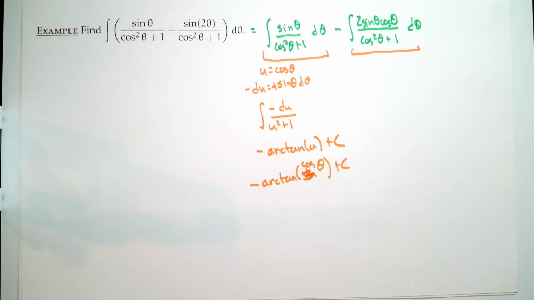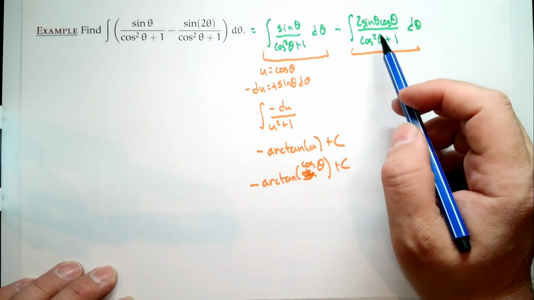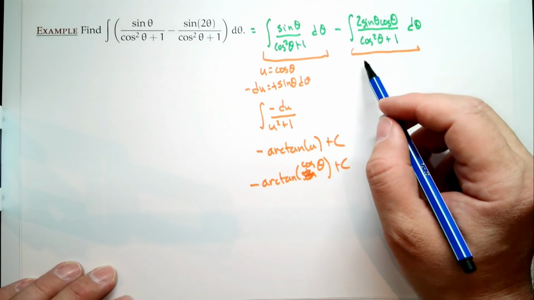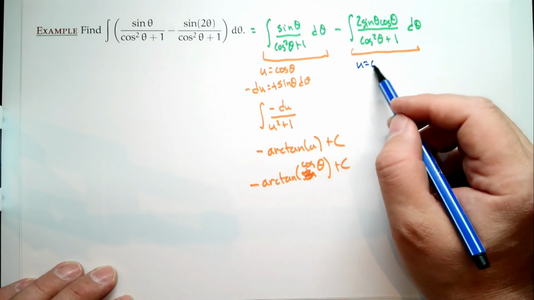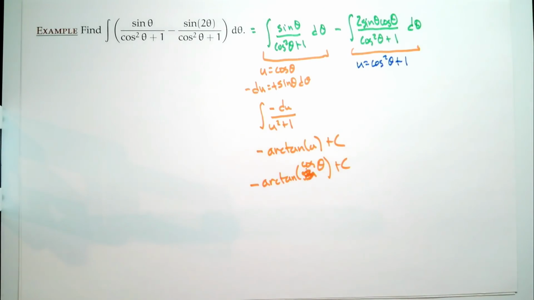Let's try a different type of substitution here. Well, sine theta we'd have a harder time with. You could try that, but I'm thinking of, let's just make the whole denominator our substitution.